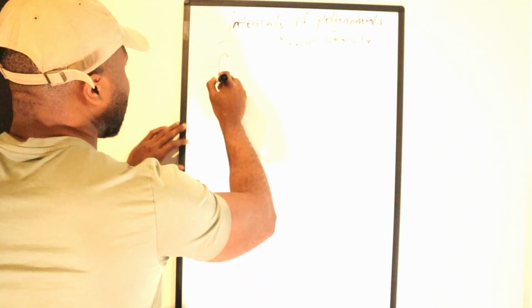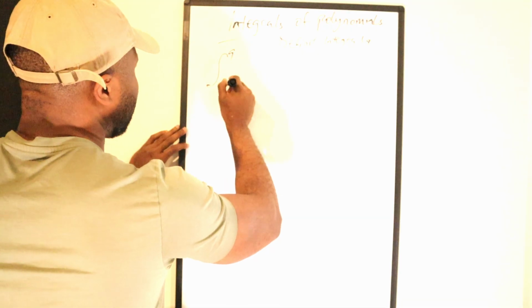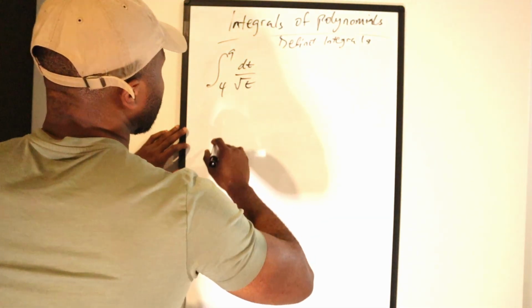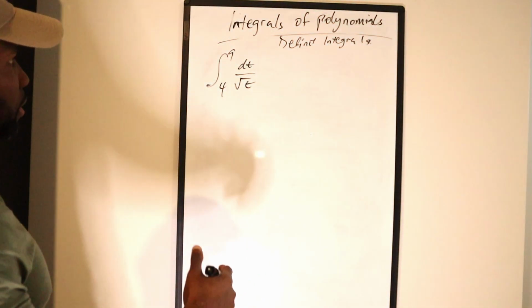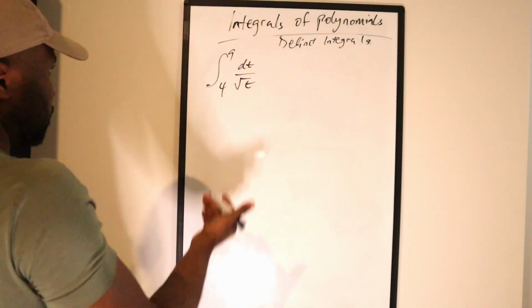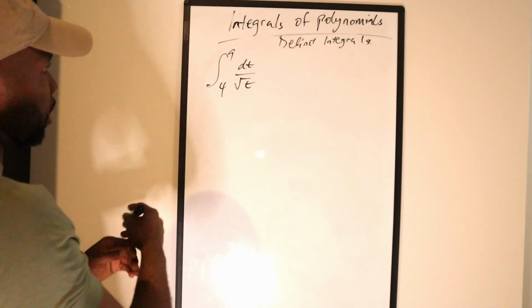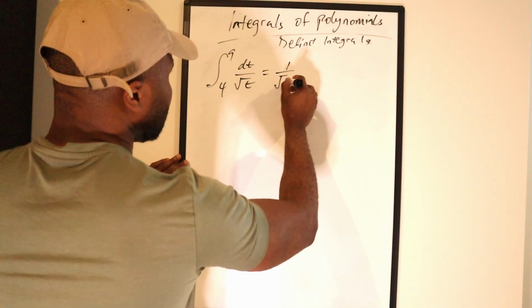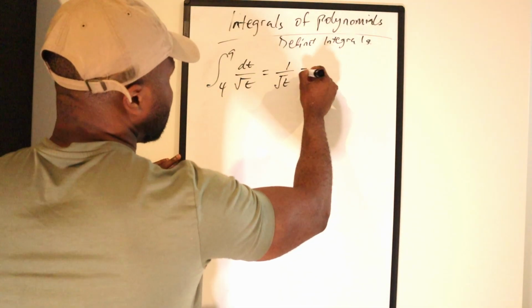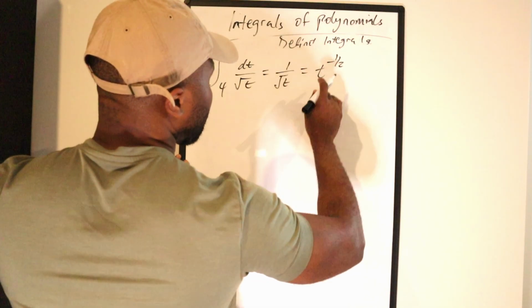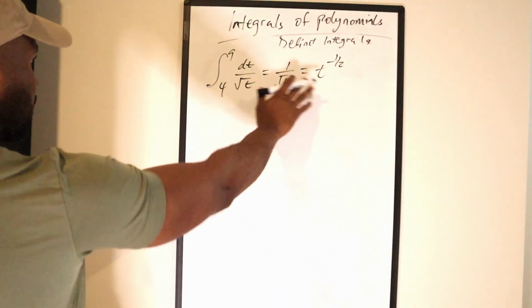When you are given a problem like this, the integral from 4 to 9 of dt over square root of t, this problem can be solved. This is a definite integral, with an upper limit and lower limit. So this is equal to 1 over square root of t, or you can break it down and say it's equal to t^(-1/2).